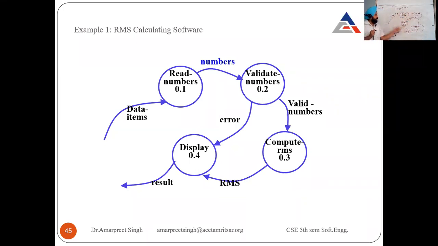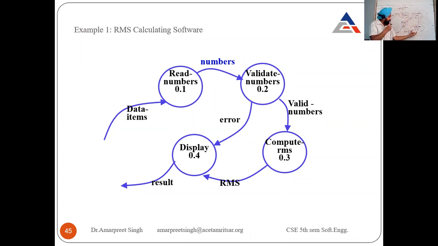So see, the same bubble has been exploded into 4 sub bubbles, so it becomes the level 1 DFD. Now we can further explore compute RMS. We have entered the numbers, validated and computed, but computation is not easy. In computation itself, we have to find the square, the sum, and the square root.